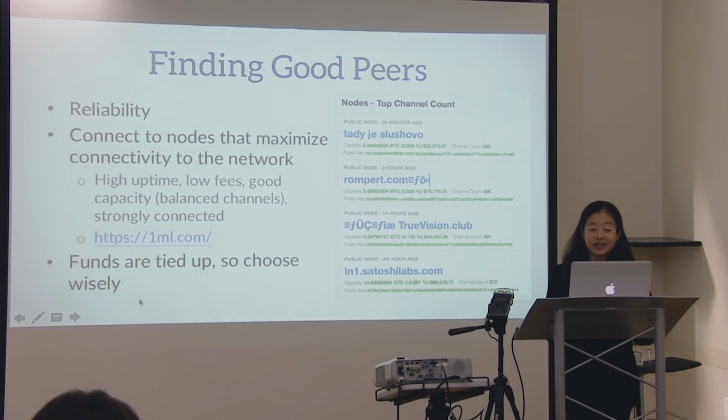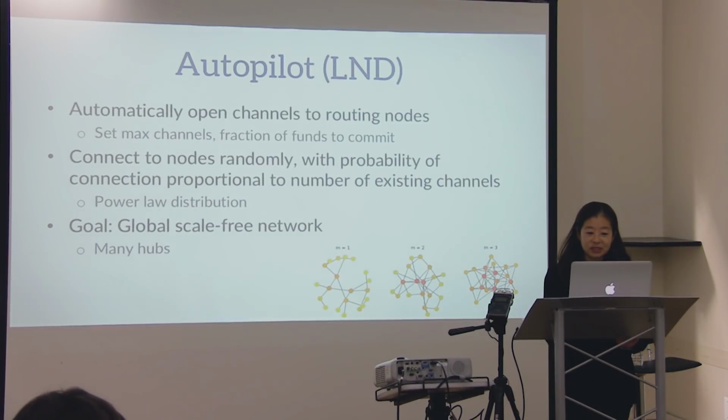Ideally, you want a channel that can support payments going both ways. Right now, the only information you have when you see a channel is the capacity, which is how much it can handle. But you don't know if all the money is already on one side of the channel or the other. So that's still a problem that isn't solved.